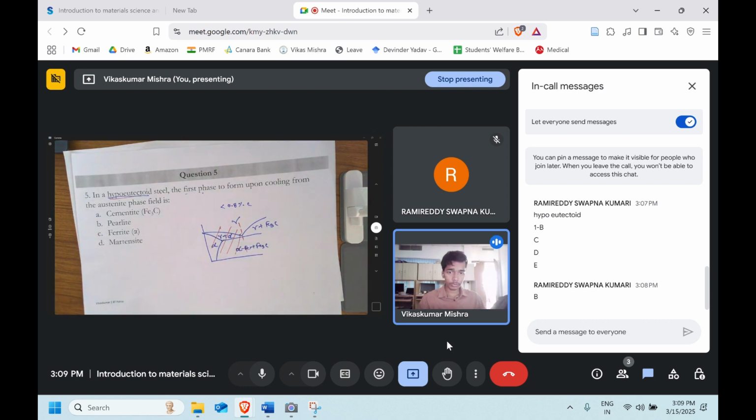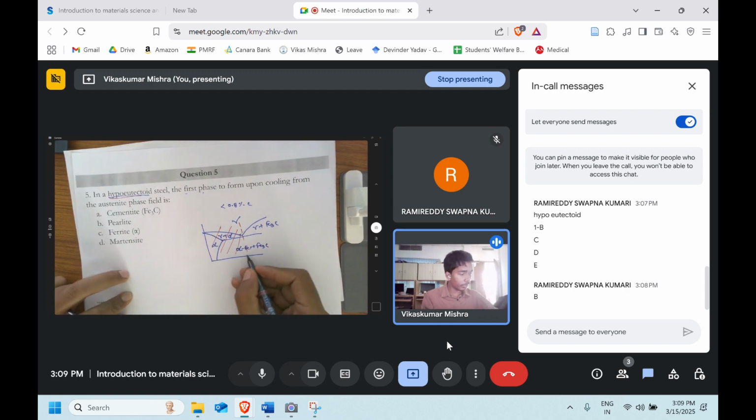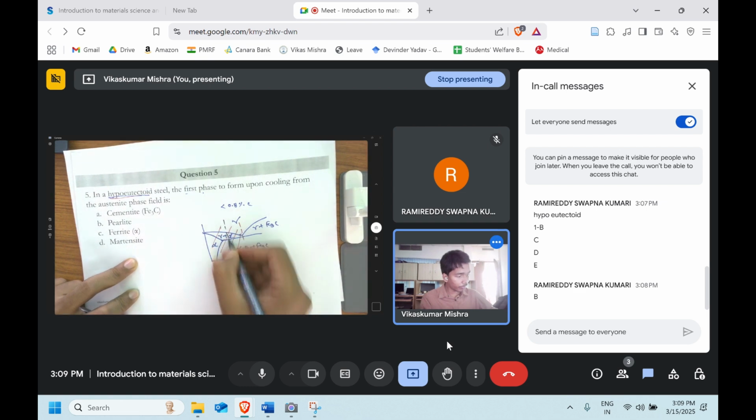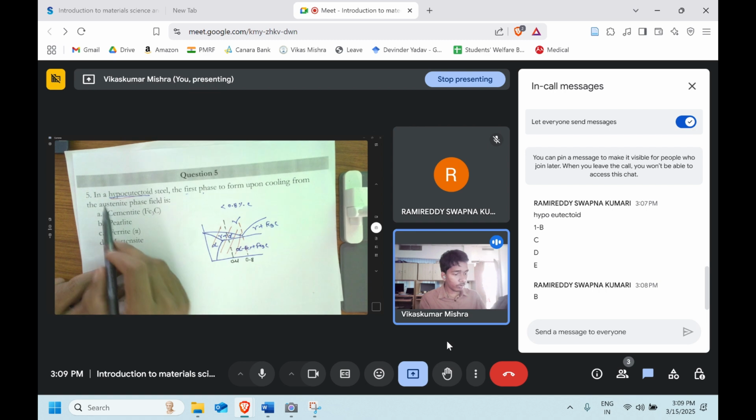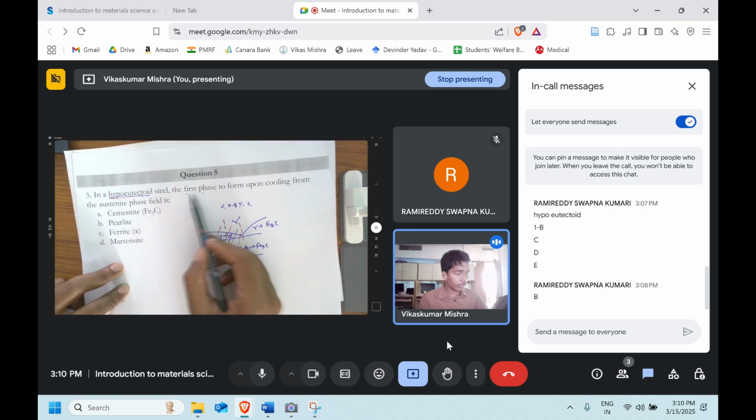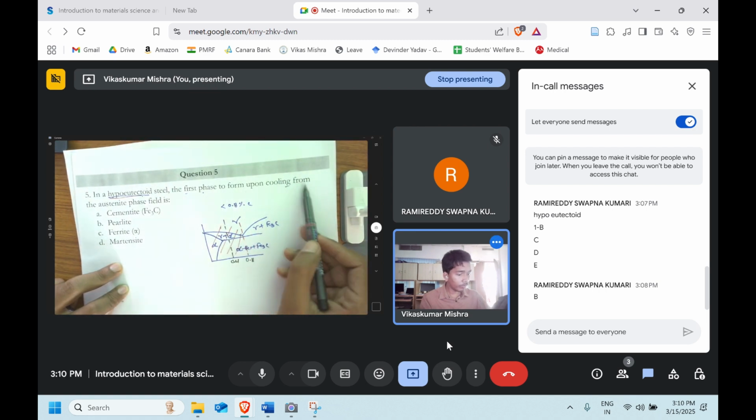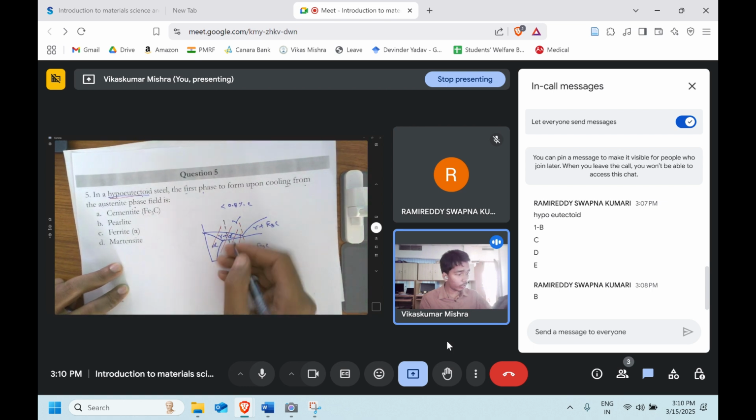Let's take any composition. This is point 0.8. Taking any composition, let us say 0.4. Now, in the hypoeutectoid state, the first phase to form upon cooling from the austenite phase. This is the austenite phase. All of this is the austenite phase.